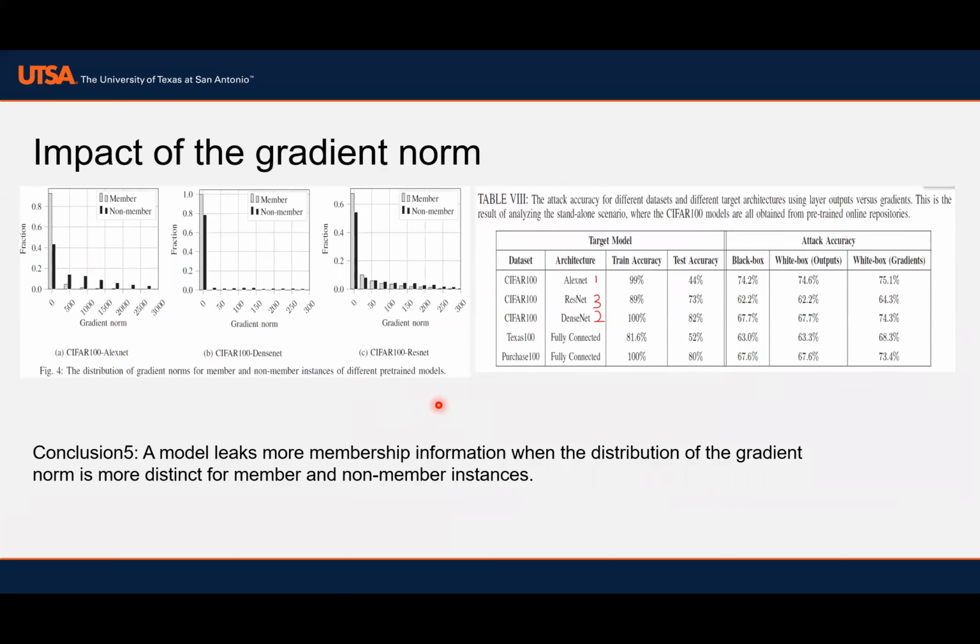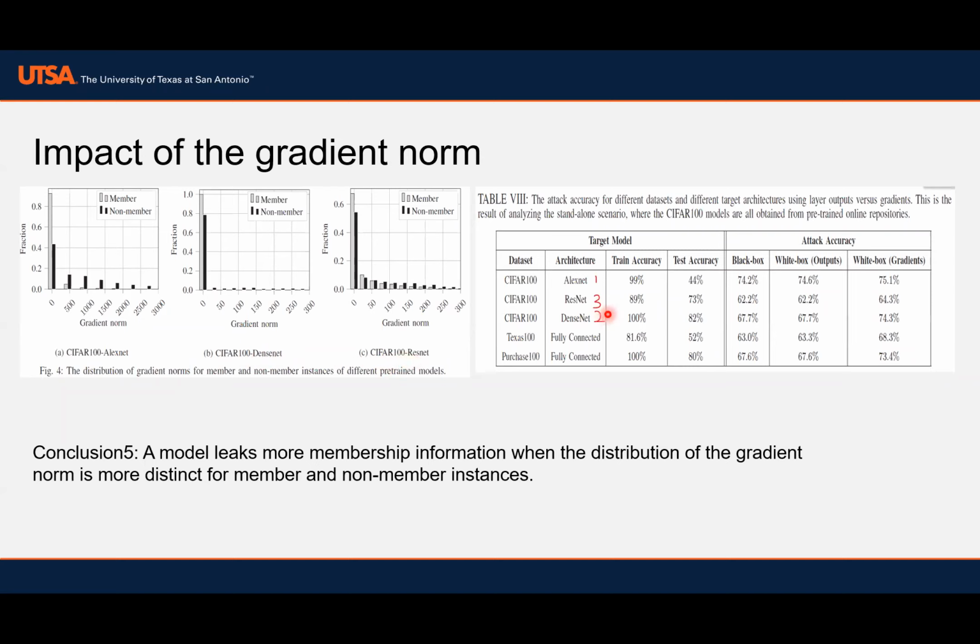And from the view of the gradient norm, we can see in Figure 4 the difference in the distribution of the gradient norm. We can see AlexNet is the most different, the next one is DenseNet, and the second one is ResNet.